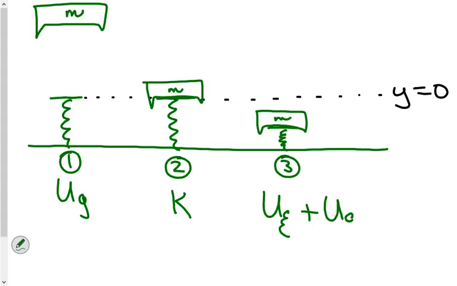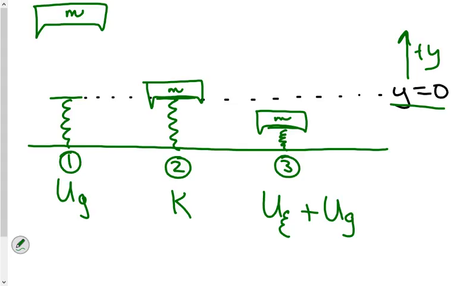Gravitational potential energy. If I'm not at my y equals 0 line, I have gravitational potential energy. It's going to be negative in this situation because it's below the line, and as we talked about after the problem with our last problem, we need positive y to be up.